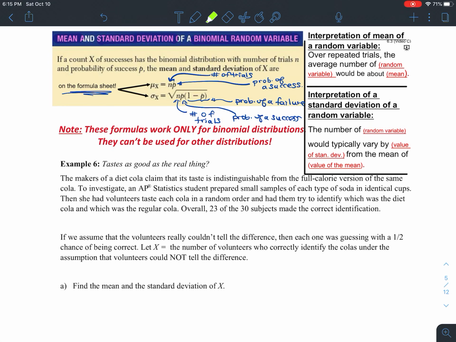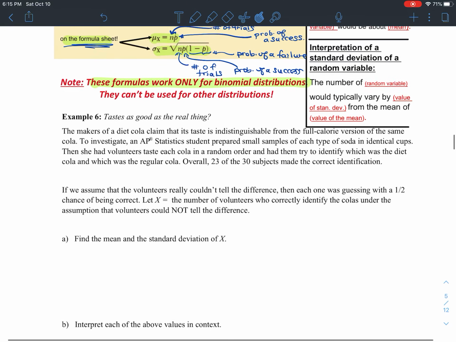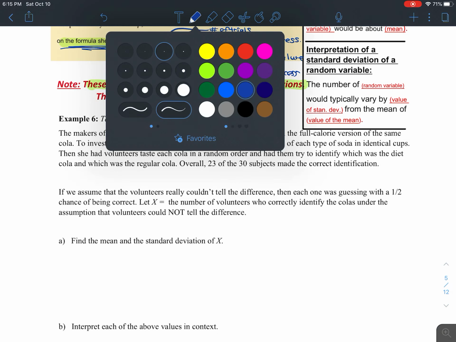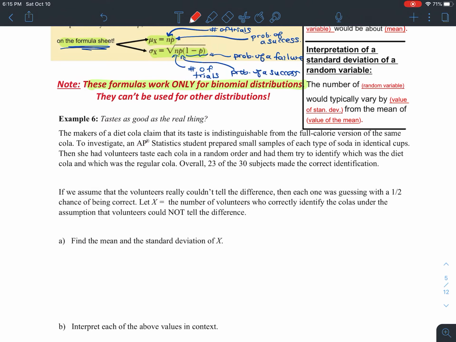Something that is very important is that these two formulas up above here, they only apply to binomial distributions. You cannot use these formulas to find the average and standard deviation of any other distribution unless it is binomial.